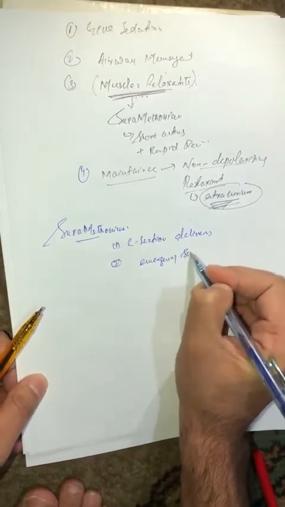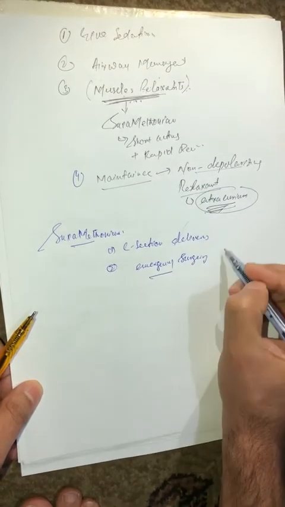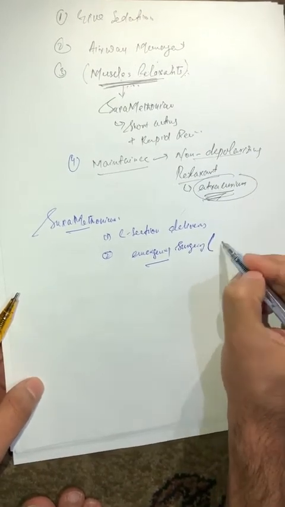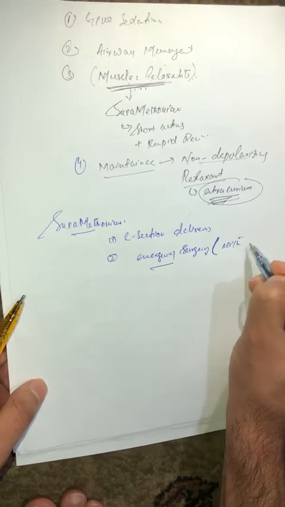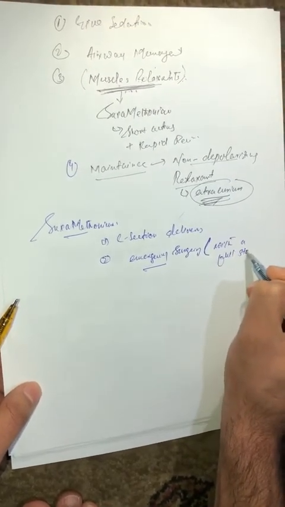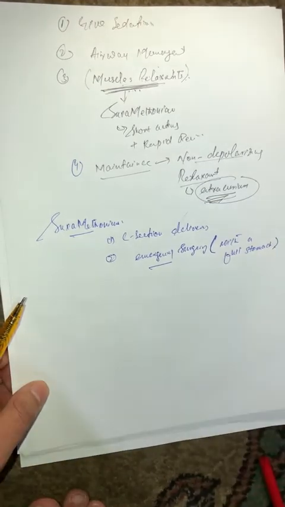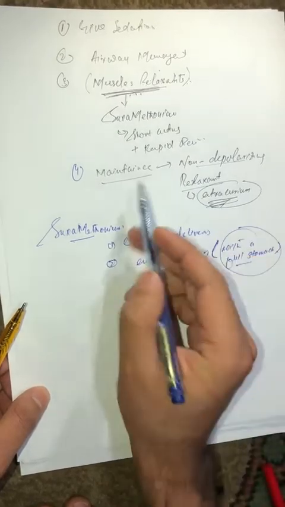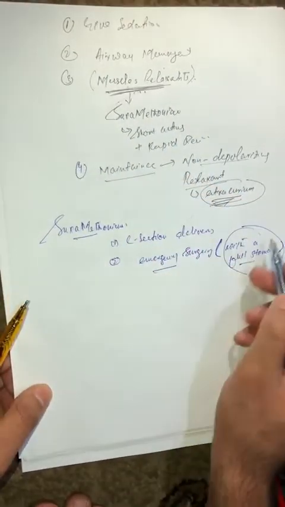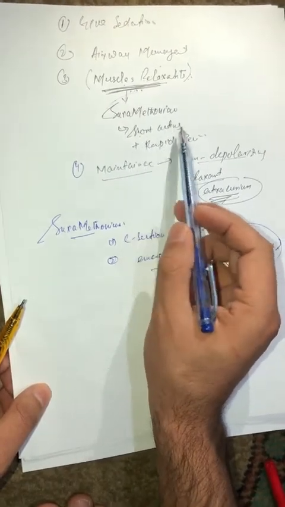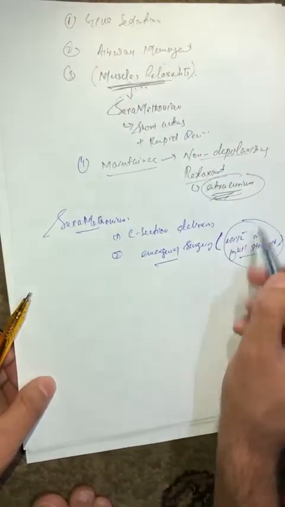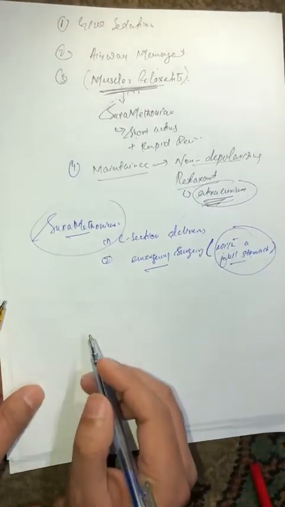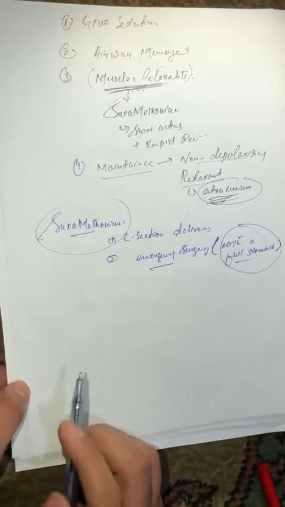Emergency surgery means a patient is brought to the emergency with a full stomach. You will use the muscle relaxant suxamethonium because it is a fast-acting and rapid recovery drug. So with a full stomach patient, we will use suxamethonium.